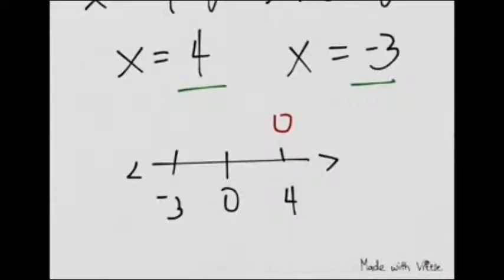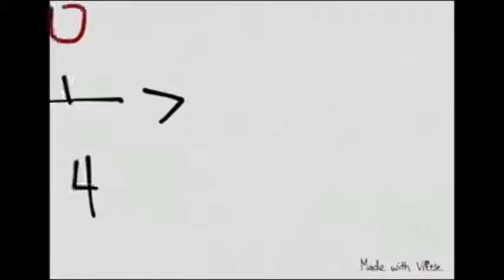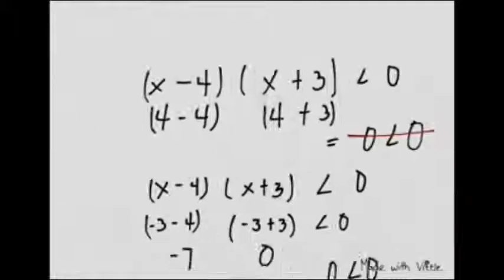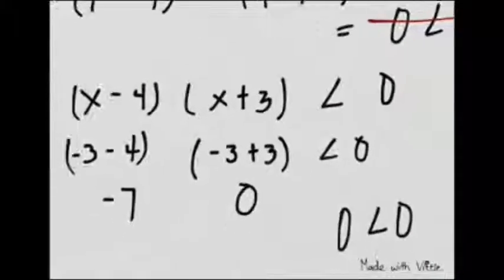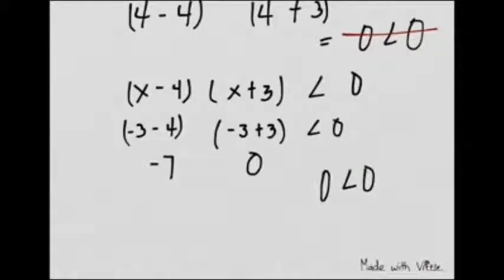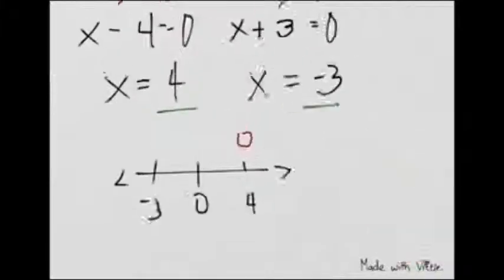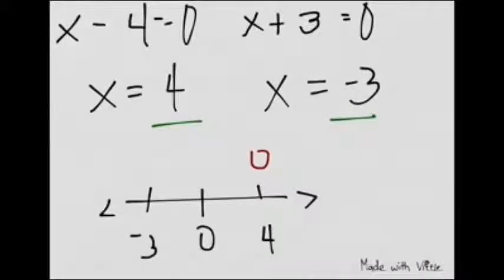Now let's try to plug in negative 3 to x. So here, we have negative 3 minus 4 times negative 3 plus 3 is less than 0. And again, it will give us 0 is less than 0, which is again a false statement. So I'm going to put a hollow circle on top of negative 3.